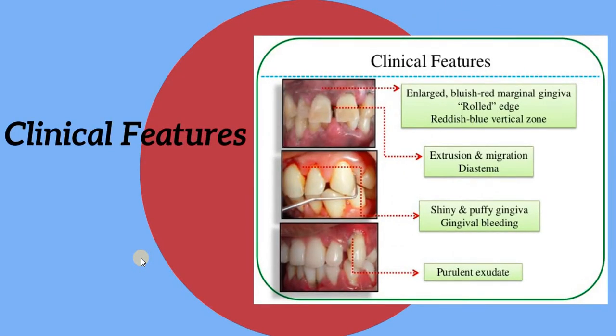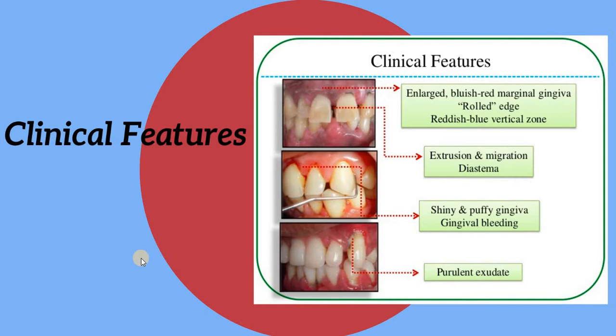Regarding the clinical features, the gingival wall of the pocket presents with various degrees of bluish red discoloration, and we have a term named flaccidity. The flaccidity means the surface wall of the pocket is shiny and smooth, and there will be a pitting on pressure.